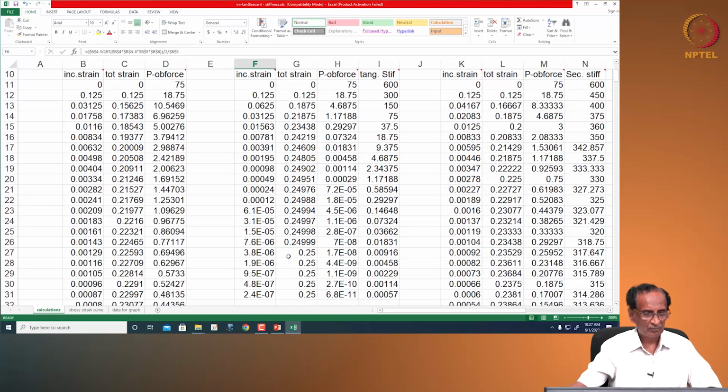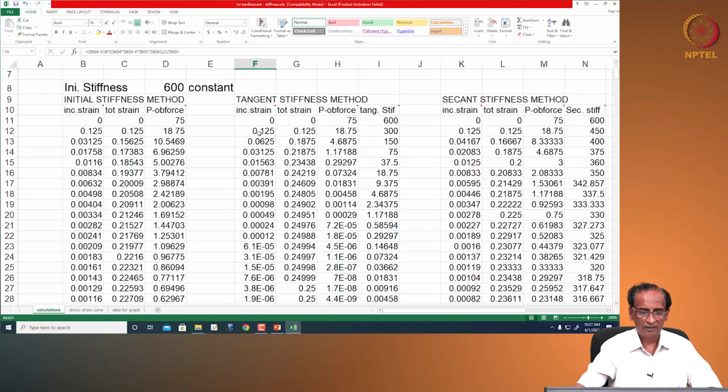So, here after about 20 cycles, 1, 2, 3, 4, 5, 6, 7, 8, 9, 10, 11, 12, 13, 14, 15, 16 iterations, we are able to get to the exact value with the tangent stiffness method.